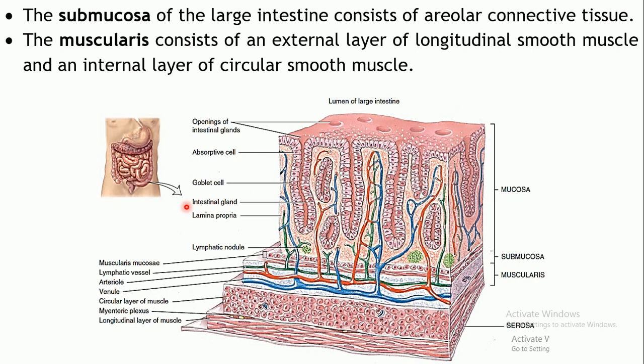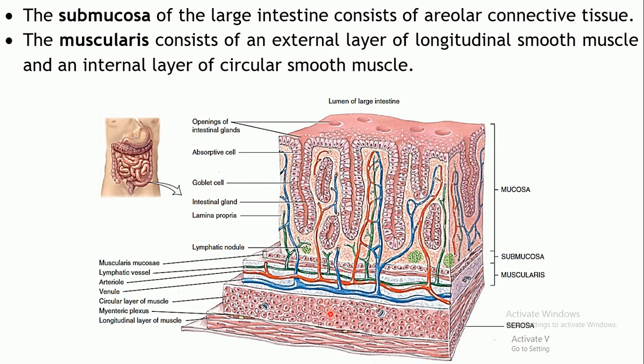So this is to do with the mucosa. Coming to the next layer, that is the submucosa, which is comprised of areolar connective tissue through which the blood vessels and lymphatic vessels enter the mucosa. Then the third layer is the muscularis. It is comprised of smooth muscles arranged in two fashions.